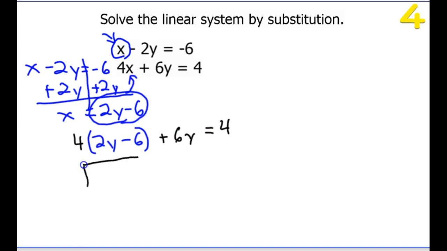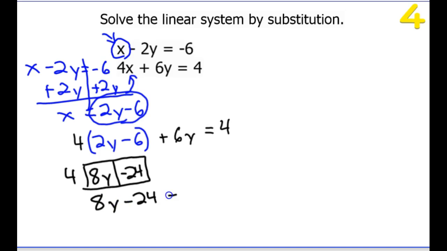Then we just need to solve that. We start by drawing our box. So 4 times 2y, that's 8y. 4 times negative 6, that's negative 24. So we have 8y minus 24 plus 6y equals 4.